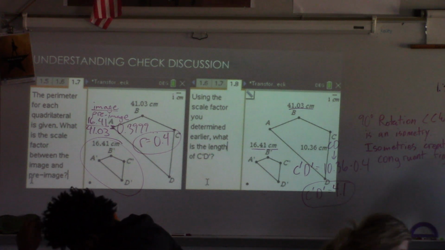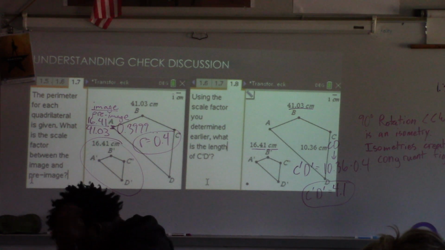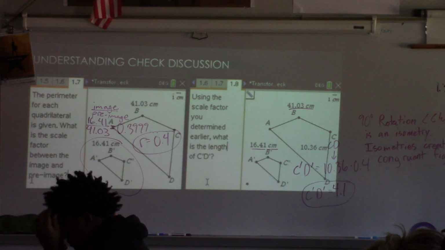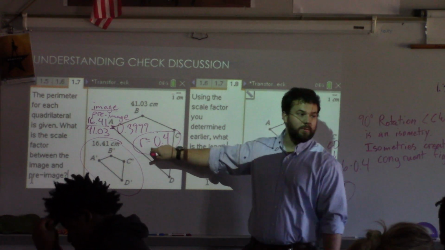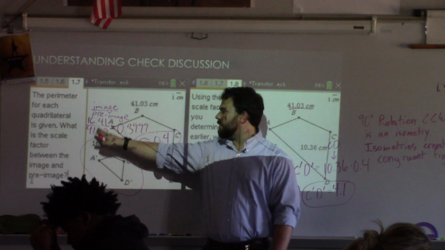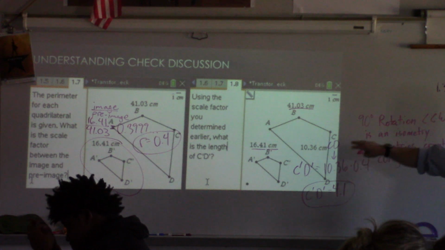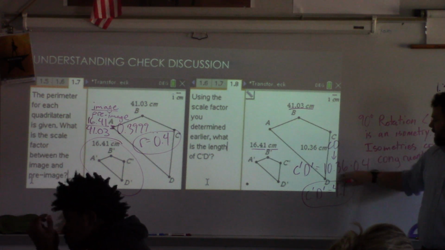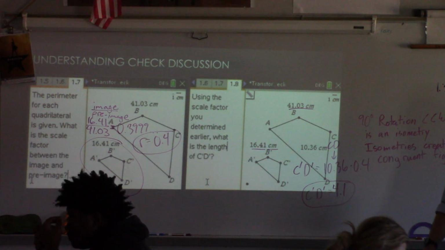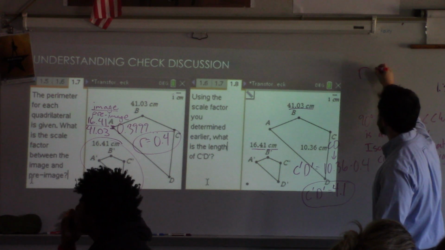So I want y'all to notice, it had to be 10 times 0.4. Because here I was trying to get the scale factor. To get the scale factor, remember, that's a ratio of the image to the pre-image. But the way that we get the actual values is we take the pre-image and we multiply it by the scale factor to get the image. Another way to think about it: here's my scale factor.